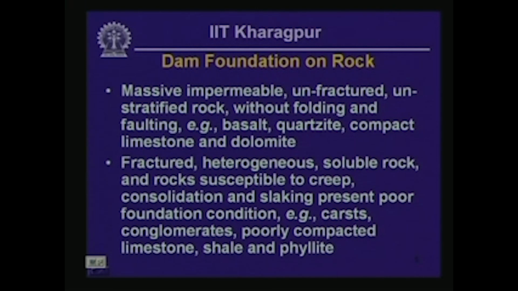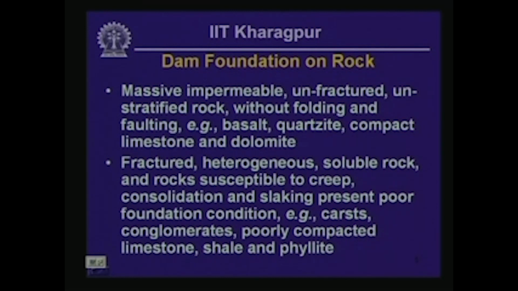The rock should be massive, impermeable, unfractured, unstratified, without folding or faulting. Examples being basalt, quartzite, compact limestone and dolomite. These are preferred foundation options that a dam designer would like to have, but that is not always possible, and we might have to end up selecting a site underlain by fractured, heterogeneous or soluble rocks, or rocks susceptible to creep and consolidation and slaking.